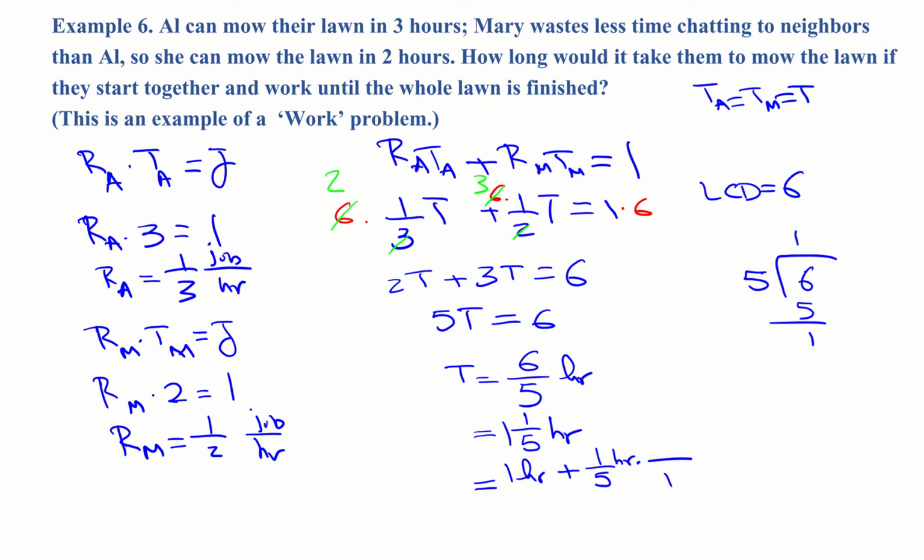You want 1 hour down here, and you know that there's 60 minutes in 1 hour. Now, why is that called the unit factor? Because the top and the bottom represent the same quantity. So now you see the hour cancels hour. 5 goes into 60 12 times.